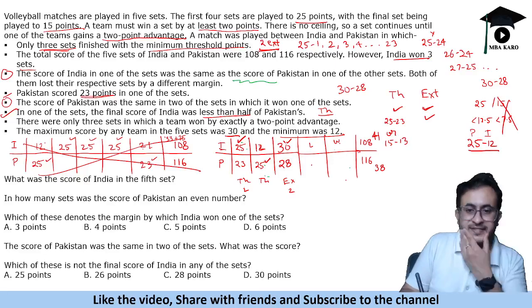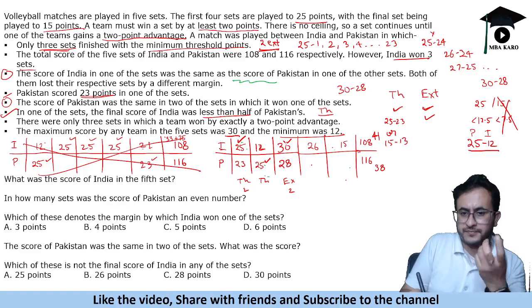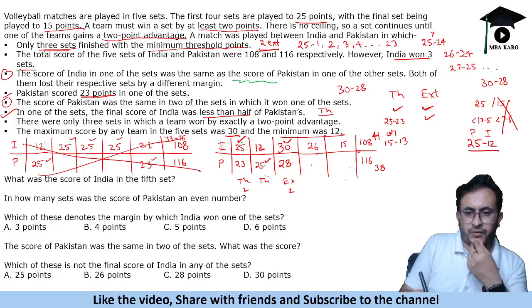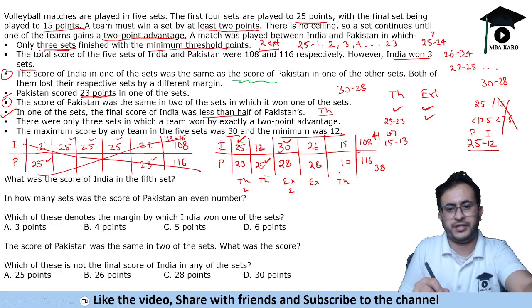So if India wins this match and it's a threshold match, India will have 15 points. So India should have 26 points here, okay, in order to make it total 108. Now this is a threshold match and this is an extended match. So extended match means there is a difference of 2 points, okay. So 28 and 38 will have 10 points in this match.